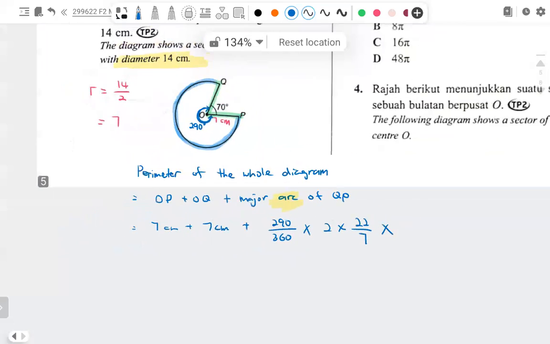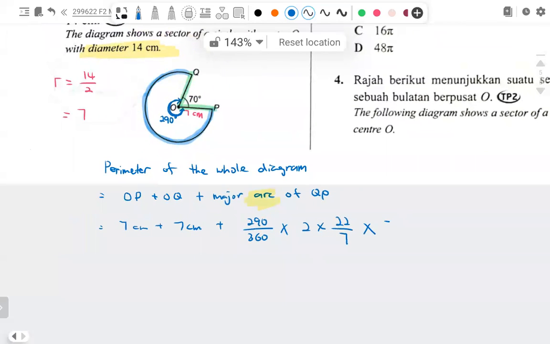So radius given is 7 cm, so times 7. That's how we form the equation. So once you have the equation already, next step, just key in calculator and you will get the answer directly.